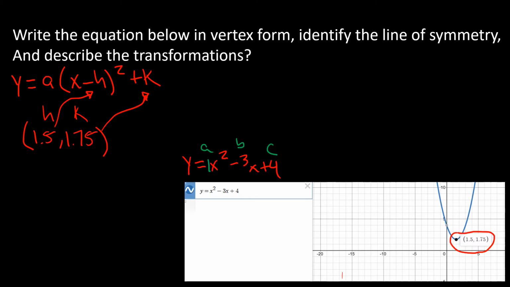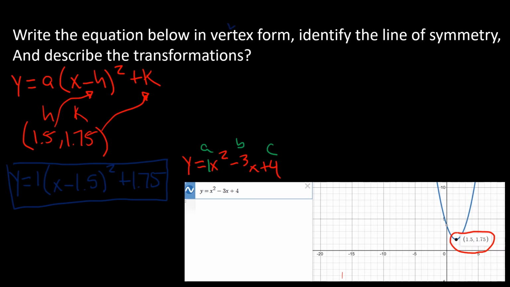So then that means that your equation in this case is going to be y equals 1 times x minus 1.5 squared plus 1.75. And this is the equation in vertex form, given standard form.